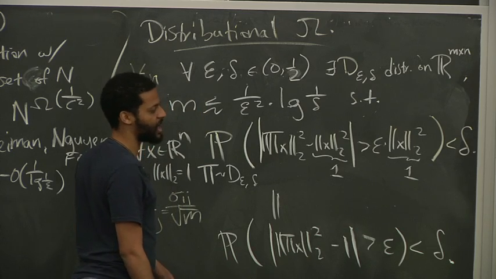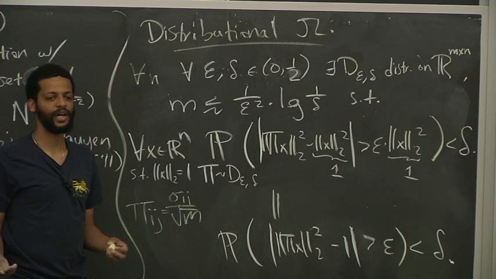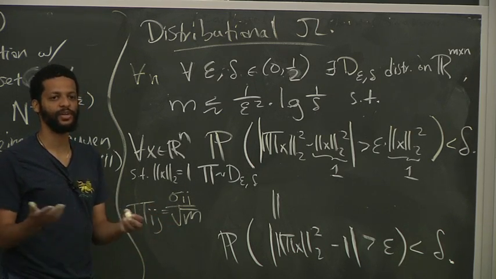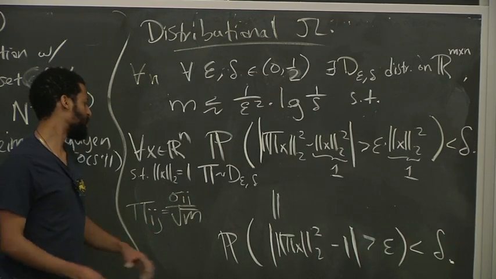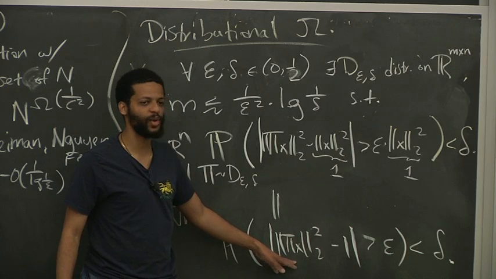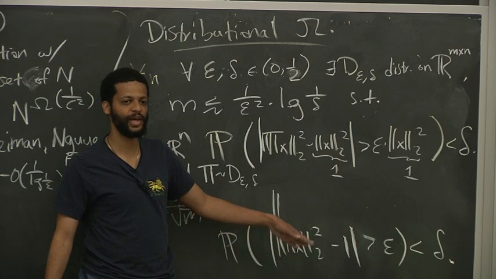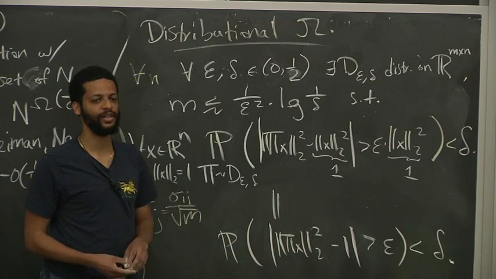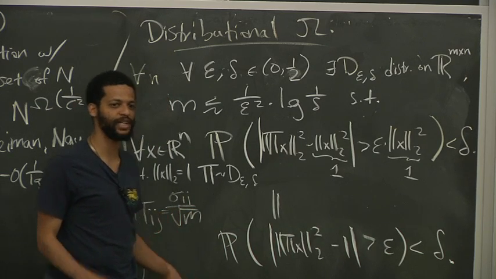Before we were used to proving tail bounds on sums of independent random variables, like the Chernoff bound. A sum of independent random variables is like a linear form in those independent random variables. Here, this is like something L2 norm squared. It ends up being a quadratic form. This is like a degree 2 polynomial in independent random variables. So we need to develop a way to handle higher degree forms for tail bounds. So we're going to see that next lecture.